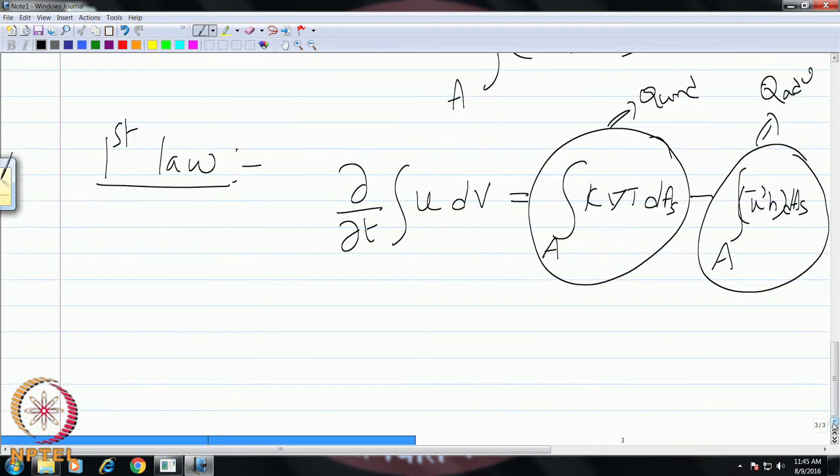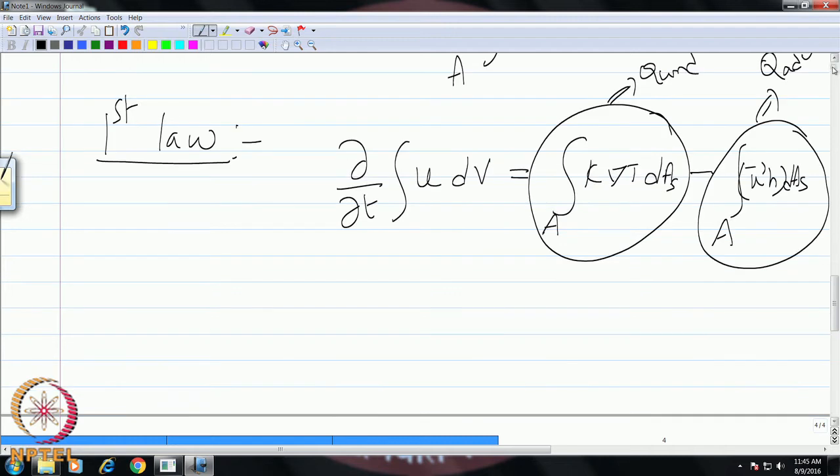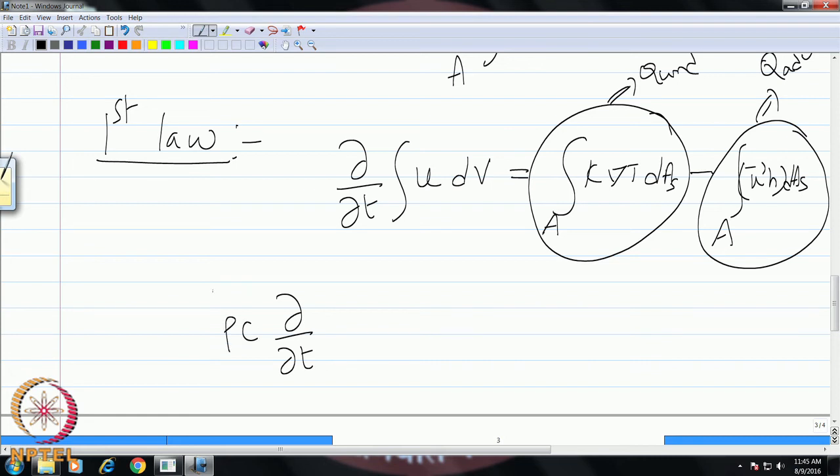Now, once again, if you apply the Gauss divergence theorem to the right hand side and convert the surface integrals to volume integrals, and write this in terms of rho c dT dv, everything is in terms of volume integrals.